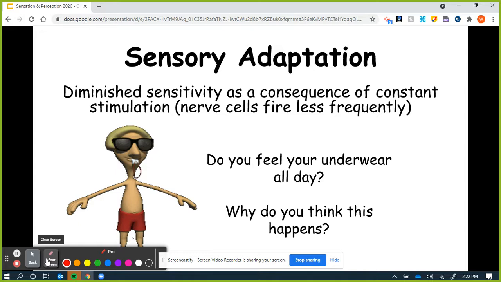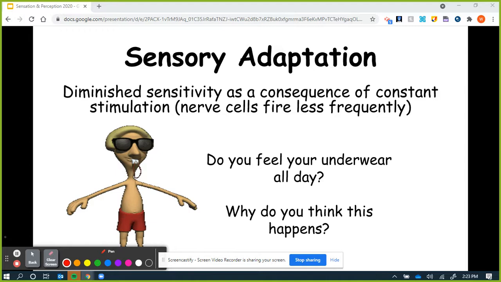Okay, sensory adaptation. When our sensory receptors are exposed to stimulation over a long period of time, eventually they are going to stop responding to that stimulation. They adapt to it.